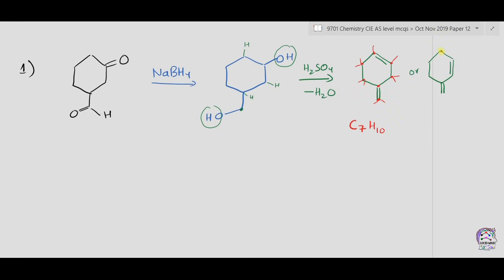For the second structure again we have 7 carbons and 10 hydrogens. Now these two compounds are different because the position of this double bond is changed.